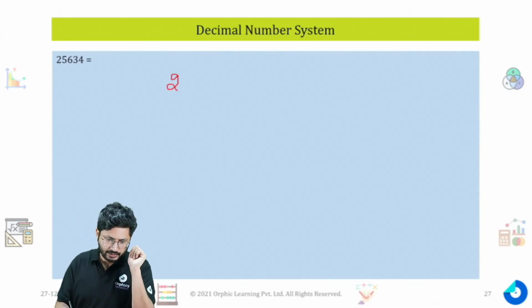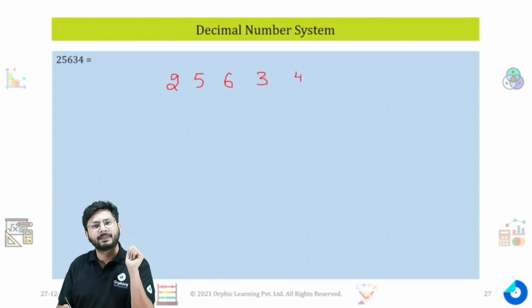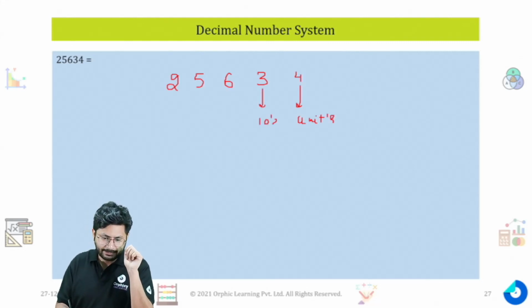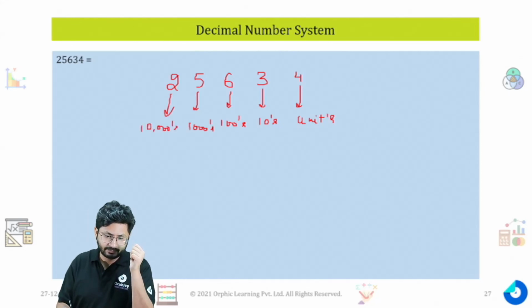In this, we know that this is the units place, this one is the tens place, this is the hundreds place, this is the thousands place, and this is the ten thousands place, right?